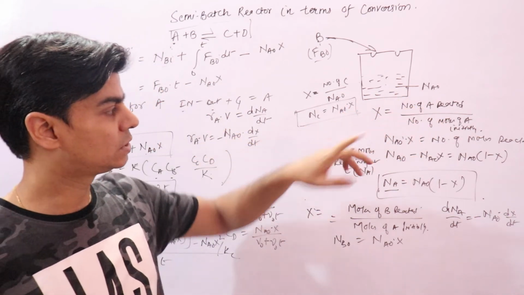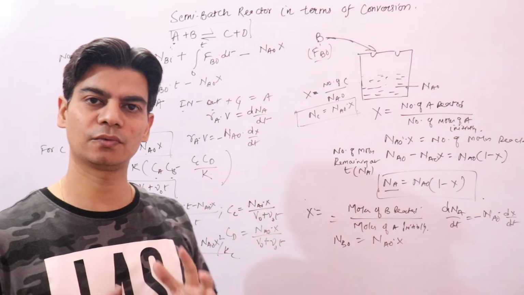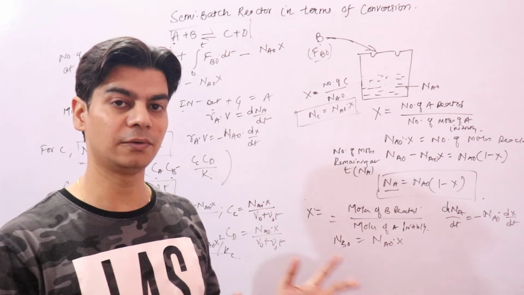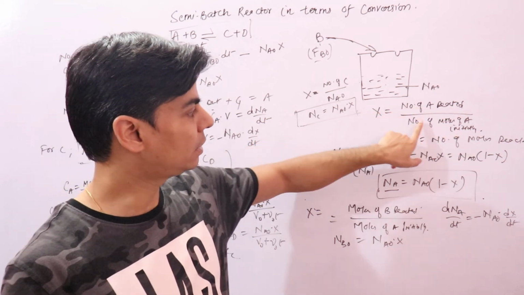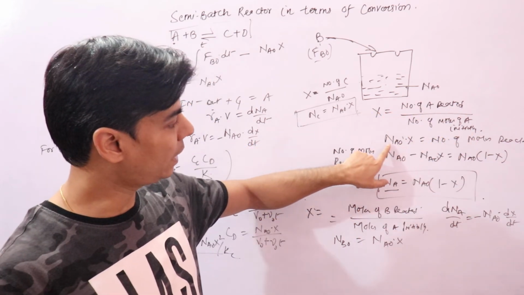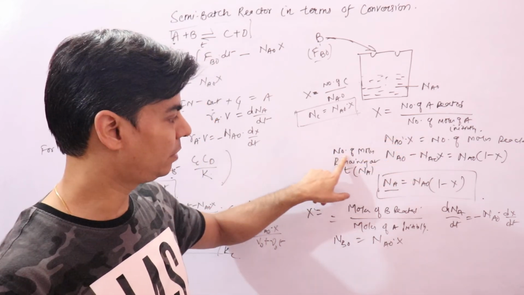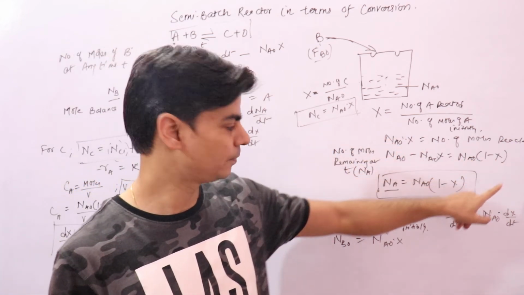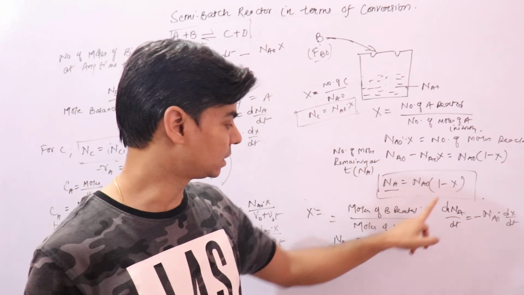Since we have to write the equation in terms of conversion X, we have to bring conversion into the picture. Conversion is the number of moles of A reacted over the number of moles of A initially taken. It would be Na0x, this much A has reacted, so the remaining would be Na0 minus Na0x. So at any time t, the number of moles of A is this much.